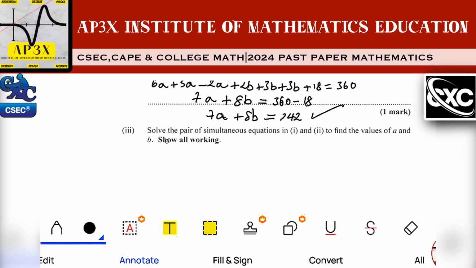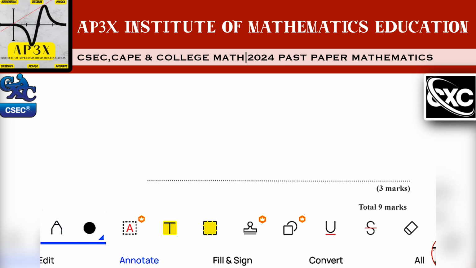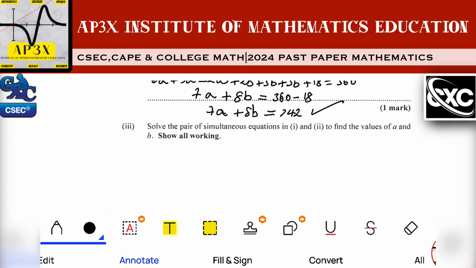Now, next here that we're going to be solving, we're required to solve the pair of simultaneous equations in part 1 and 2 to find the values of a and b, showing all working. All right, so this is how many marks? 3. CSEC definitely wants us to work here.